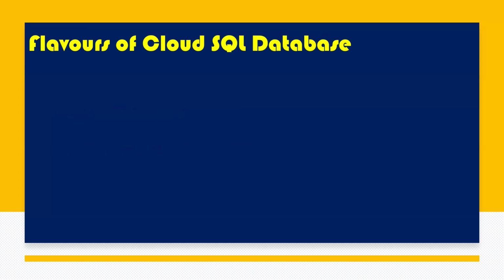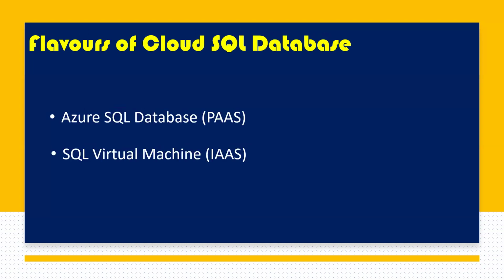The flavors of cloud SQL databases are: one, SQL database PaaS, and another, IaaS, which is SQL on a virtual machine. You create a VM and install your SQL server on that machine.